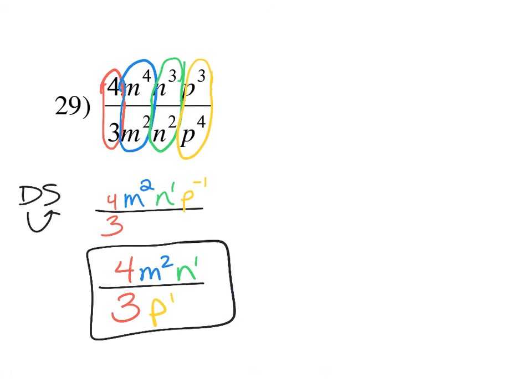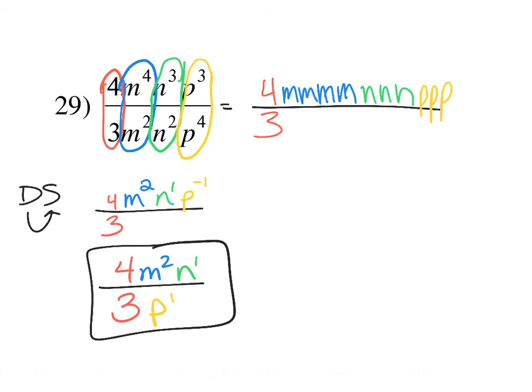I think when I prove this with expanded form, I'm going to have 4m squared n to the first over 3p to the first. Let's see how we do in this expanded form. We have 4, 1, 2, 3, 4 m's, 1, 2, 3 n's, and 1, 2, 3 p's.